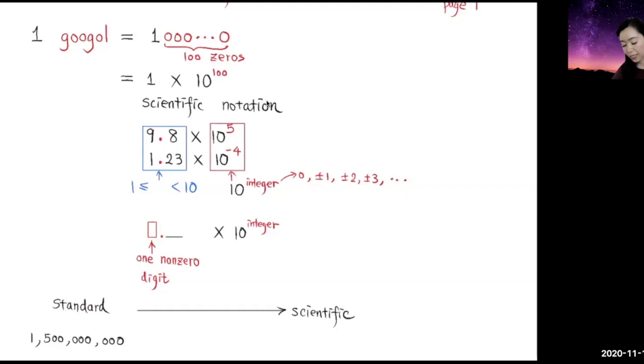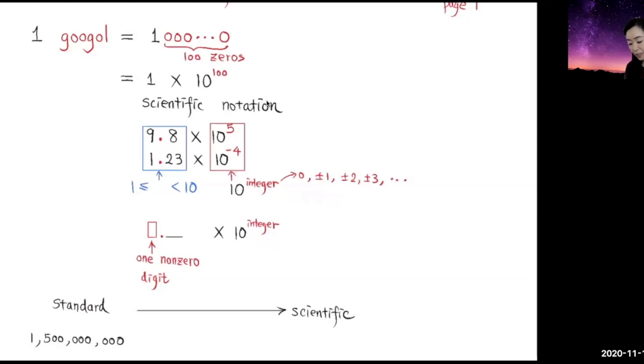It will be 1, 2, 3, 4, 5, all the way to 9. And then after the decimal point, you can have as many digits as you want, depending on what that number is. So this number here is greater than or equal to 1, less than 10.